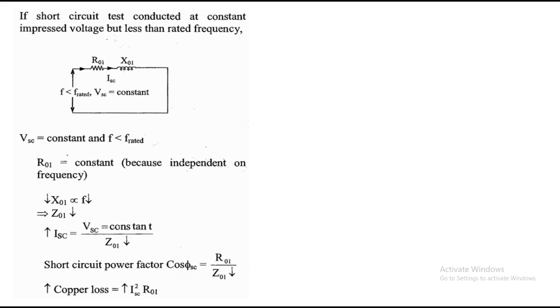For example, suppose this test is conducted at rated short circuit voltage but less than rated frequency. What are the changes in the copper losses? We all know that R01 is constant because it is independent of frequency. Clear? What about reactance? Reactance is nothing but 2 pi f.